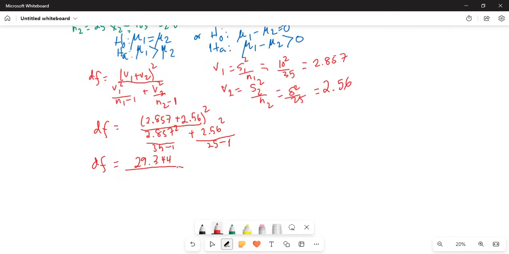And that is equal to 0.24. Plus 2.56 square divided by 24 is 0.273.